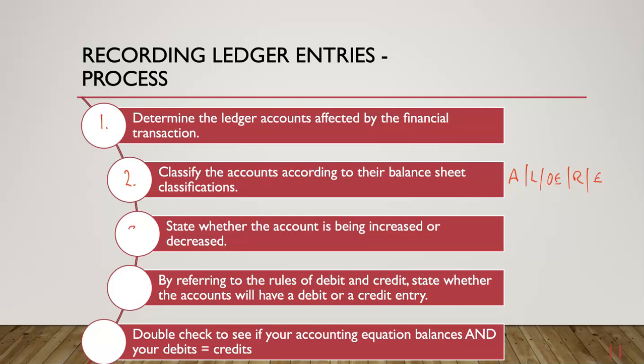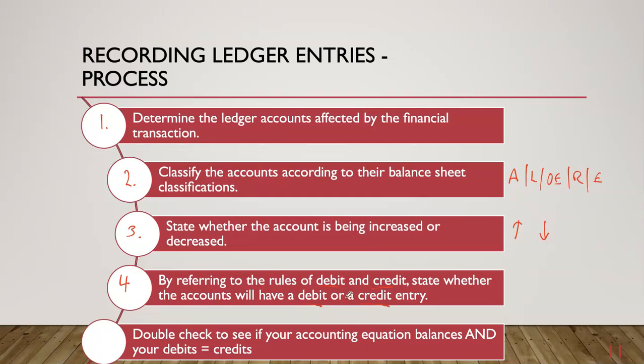You're going to do nothing new in step 3. You're going to work out, has it gone up or down? Then you're going to do the hard part of going, if I know that my, for example, liabilities are going down, you need to refer to the rules of debit and credit and state whether this increase or decrease is a debit or credit entry.